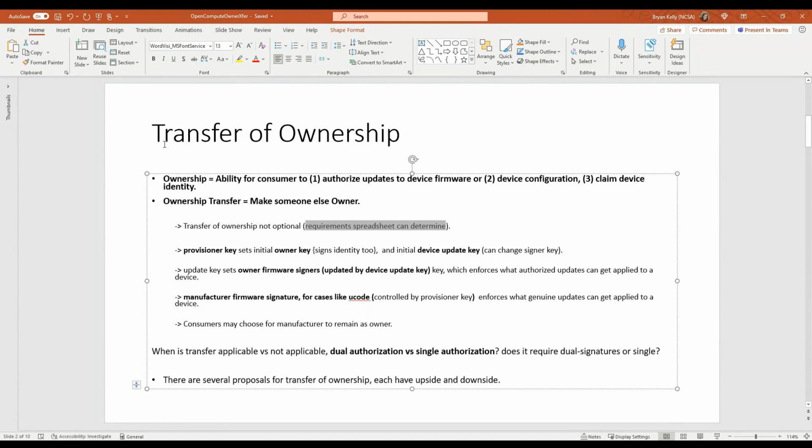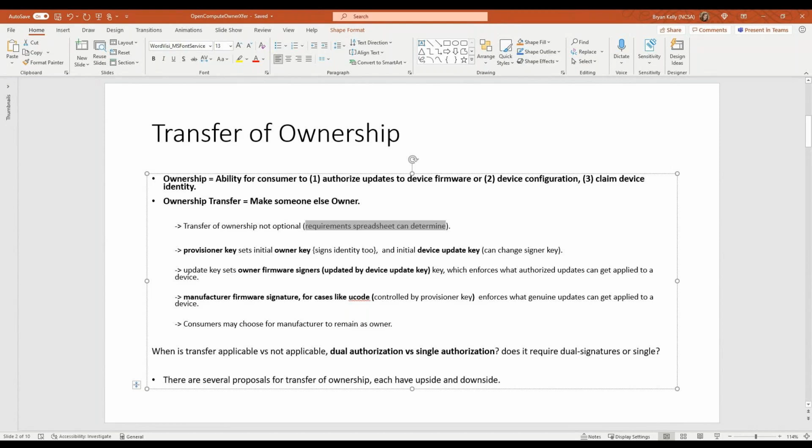Yeah, our ownership is certainly more complex than that, but we have to make sure we accommodate what they need. And they need the ability to author firmware. They need the ability to control who the author is.